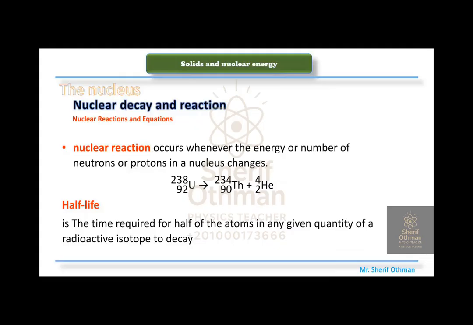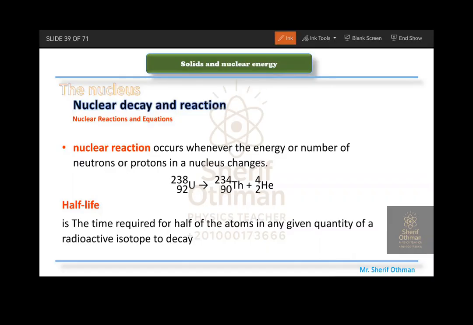A nuclear reaction occurs whenever the energy or the number of neutrons or protons in a nucleus changes. Here is a substance called uranium. It underwent alpha decay, so it changed from one element to another type of element. As the number of protons changes, the element itself changes.